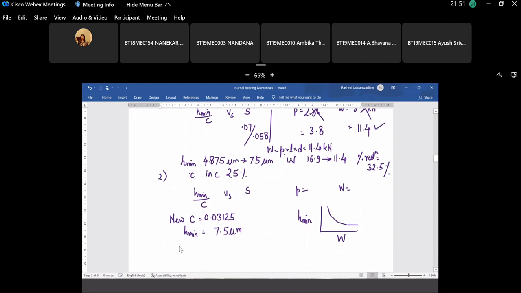Is that 0.24? And so what is the value of S, Sommerfeld number? From the graph, what is the value of S that you are getting? 0.05.